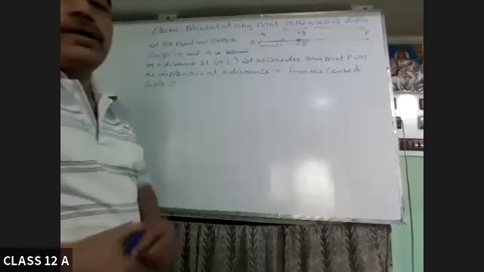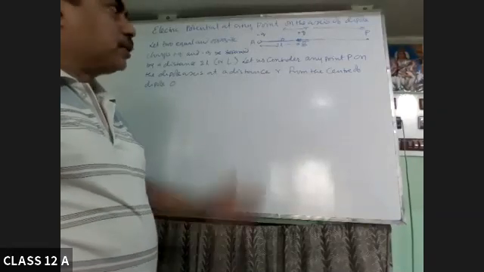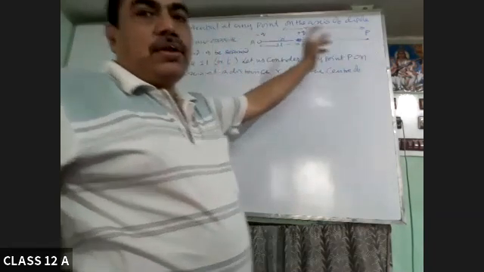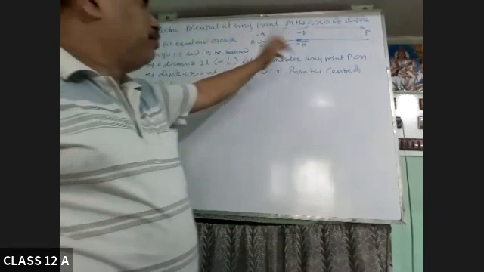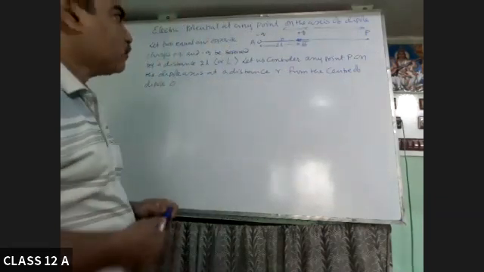Now we have to find the potential at point P. First we will find the electric potential at P due to this plus Q charge, and then the electric potential at P due to this minus Q charge.